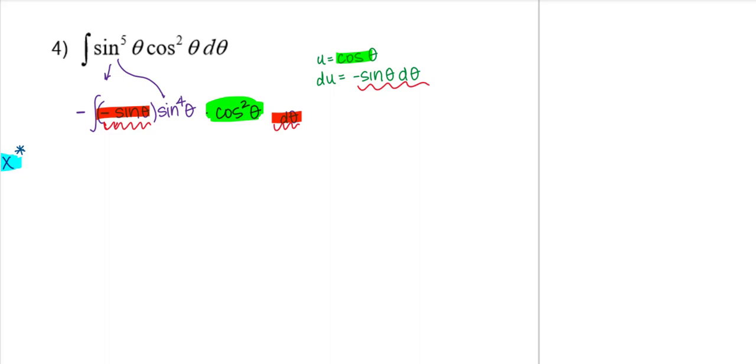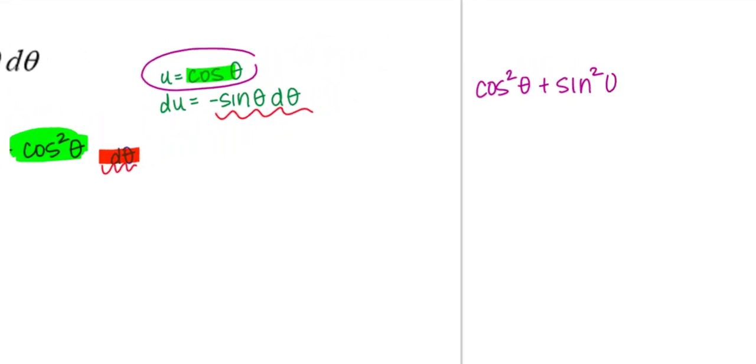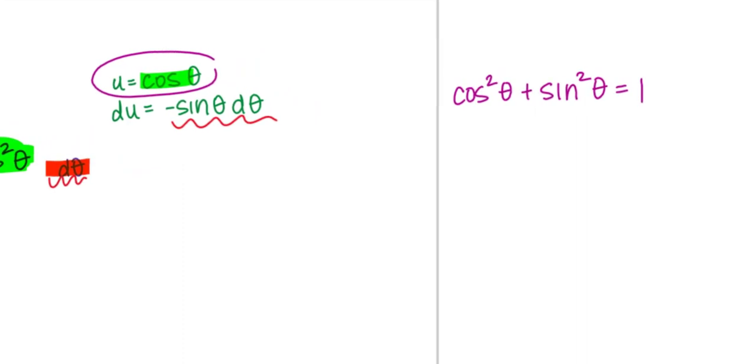Okay. The trick now is, can I write sine to the 4th in terms of cosine? So let's think back. I'm going to do a little bit of side work here. Cosine squared theta plus sine squared theta is 1. And I'm trying to solve for sine to the 4th. So let's just first solve for sine squared theta. We'll subtract cosine squared theta from both sides. And if you want to turn this into sine to the 4th, I have to square the left-hand side.